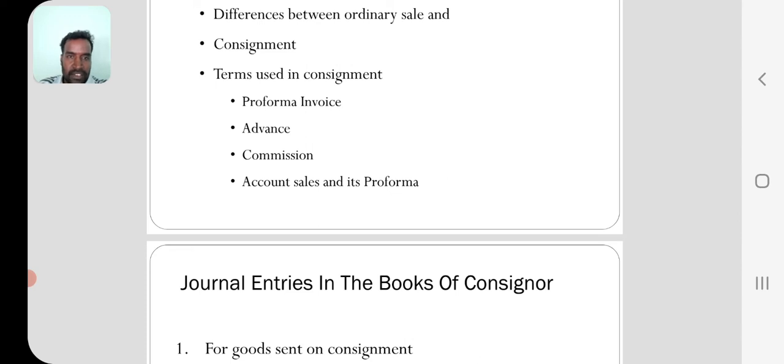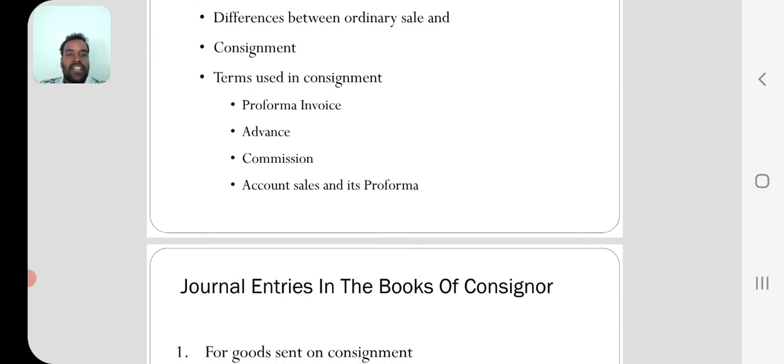The consignor will send the goods to the consignee.